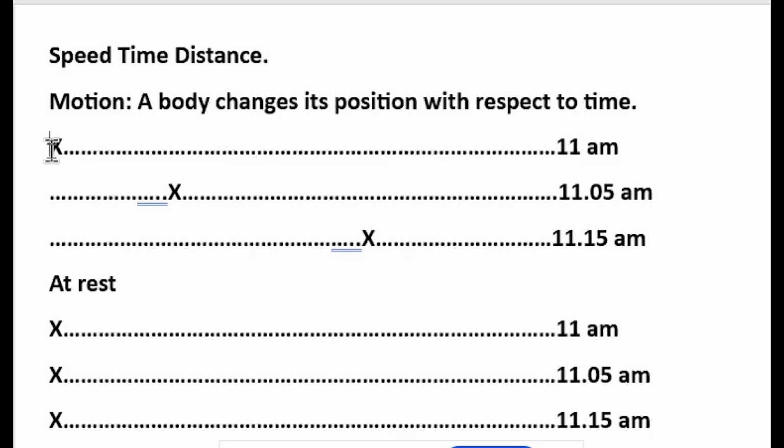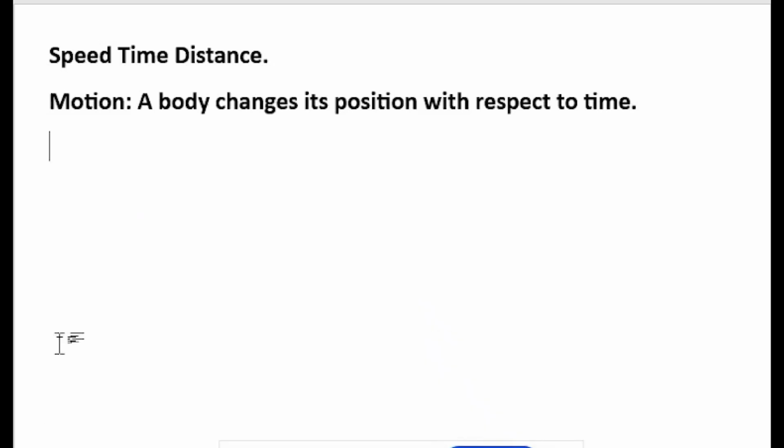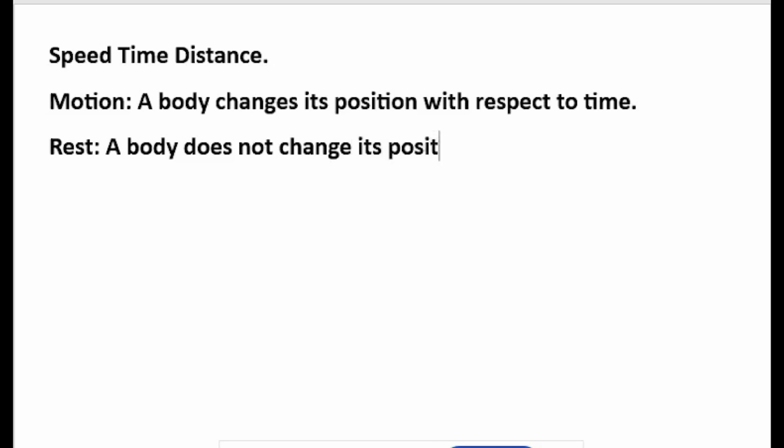And if a body does not change position with respect to time, the body is at rest. Okay? So rest means a body does not change its position with respect to time.